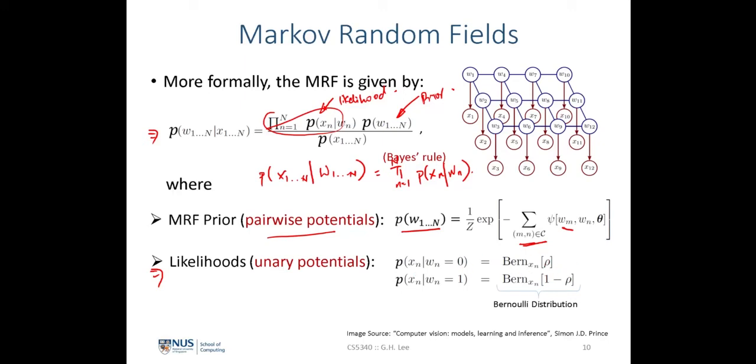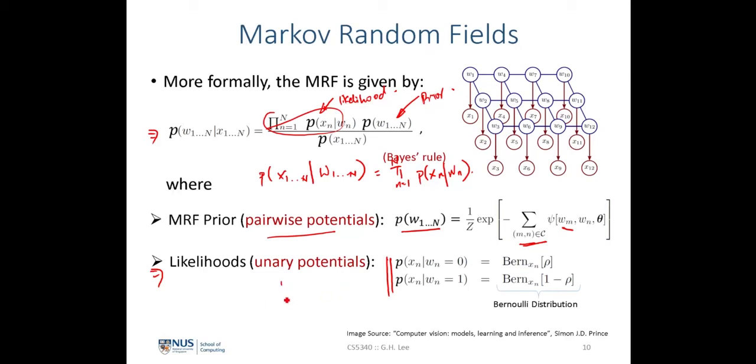In the case where the latent random variable equals 1, we will assign it a Bernoulli probability of 1 minus rho. So what this means is that we want to encourage wn to take the same label as the observed random variable xn in the Bernoulli distribution.